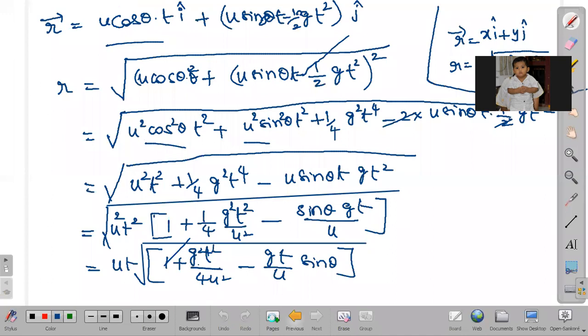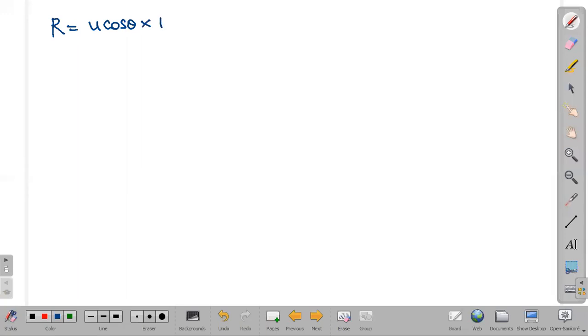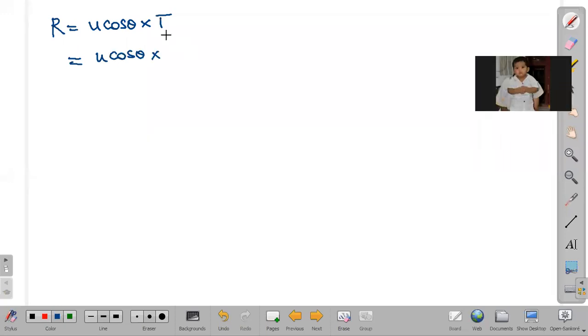R equals u cos theta, which is our horizontal velocity, into t, the same horizontal range concept. T is the time of flight. Now u cos theta into this t, what we got is 2u sin theta by g, right? Whatever I have written there, the same thing I am writing here again, but I wanted to write it in a different expression.